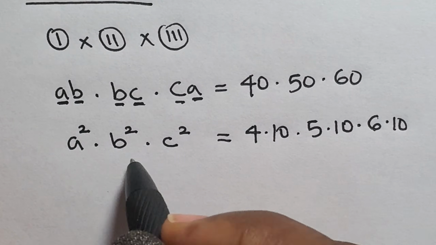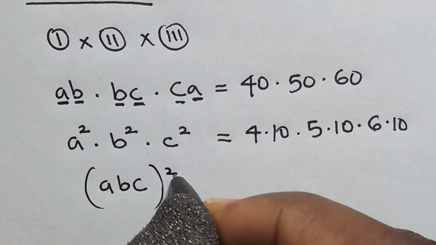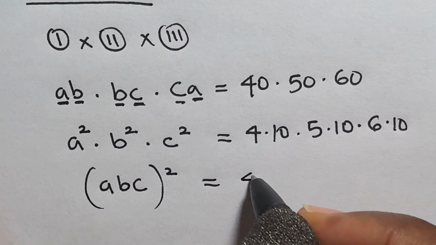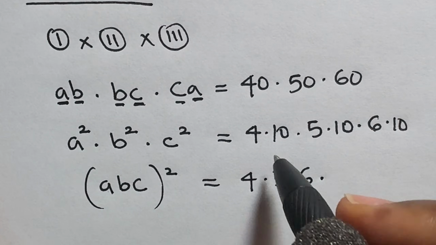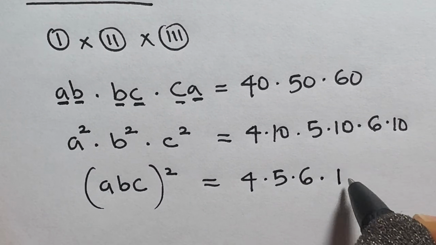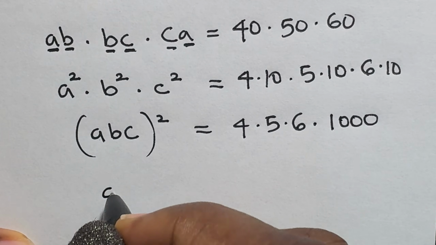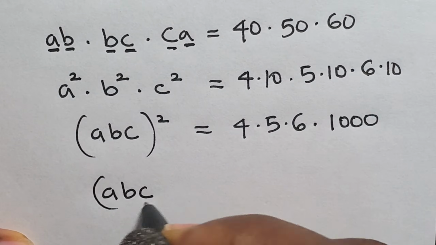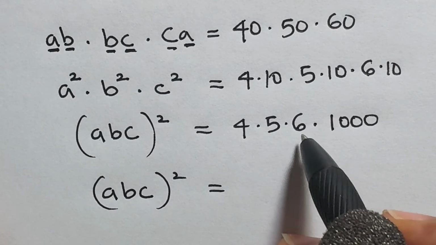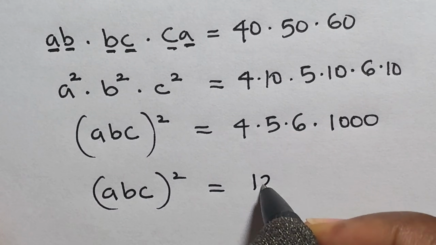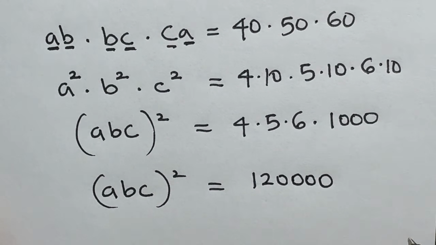So if we bring this together, we have A times B times C raised to power 2 is equal to 4 times 5 times 6 times 10 times 10 times 10, which will give us 1000. So we have A times B times C squared is equal to 4 times 5 is 20, 20 times 6 is 120, times 1000 will give us 120,000.